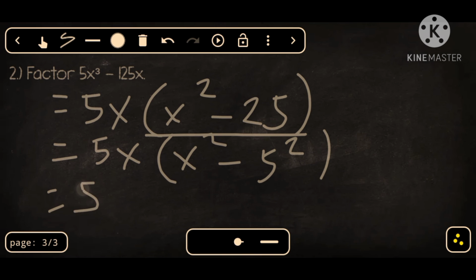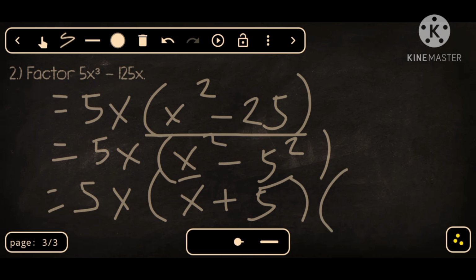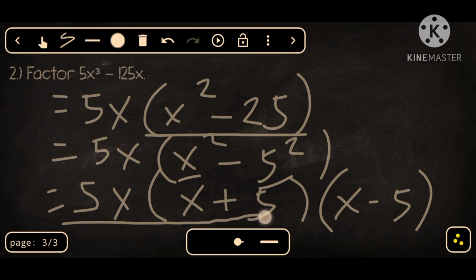I copy 5x. The first term, a, is x, and b is 5. So we now have x plus 5 times x minus 5. The factors for 5x cubed minus 125x are 5x times x plus 5 times x minus 5.